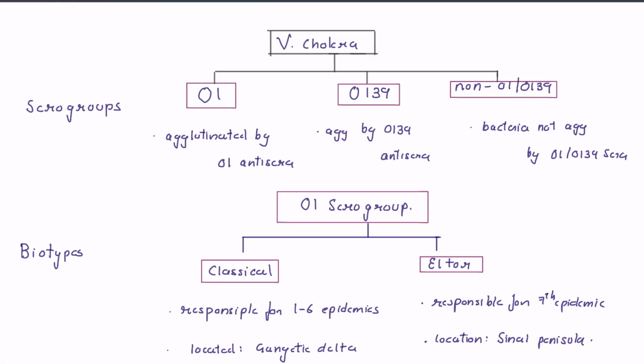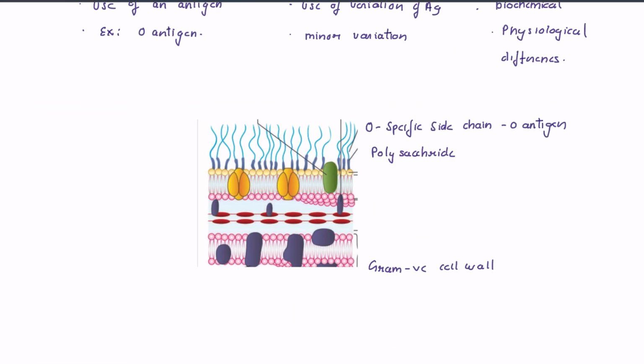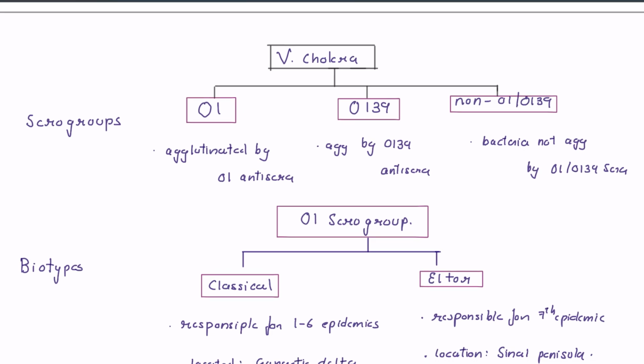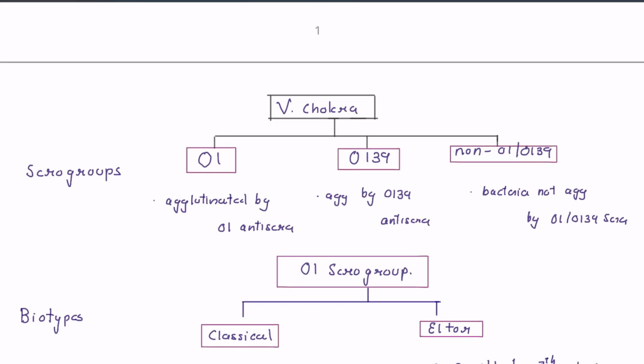Now we will see about the serogroups. So based on the O antigen present in the cell wall, where is the O antigen? It is present in the cell wall, as you can see. So based on that, we can classify it. Against that antigen, we obviously will have antibodies, right?